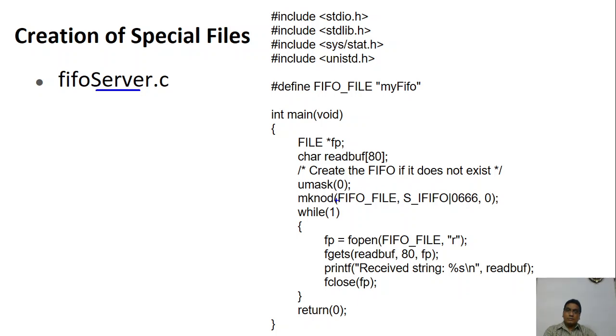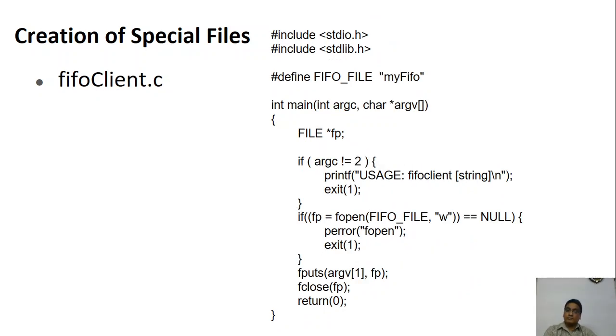This server process creates a pipe with the name my first in first out, and it opens that file and starts reading from the file, whereas the client just opens the file and writes the content into it.